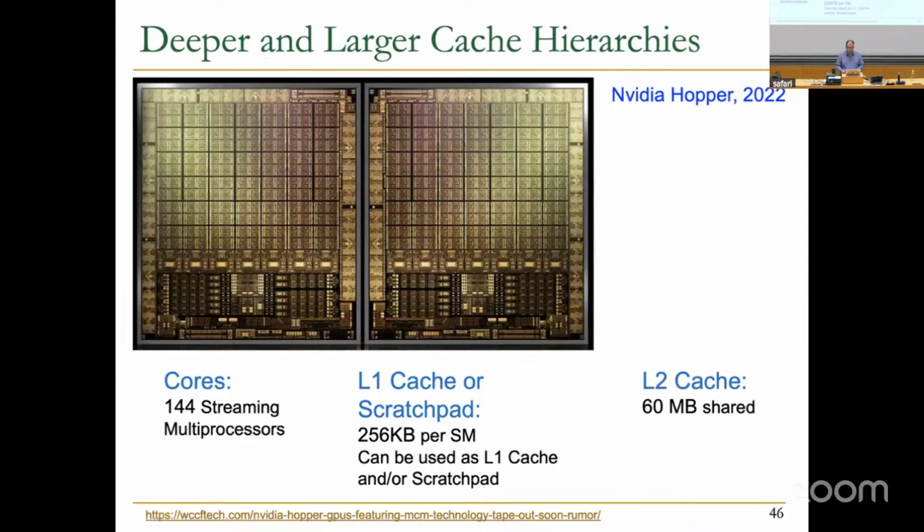This is also for NVIDIA Hopper, where you can see L1 cache or scratchpad is still there. NVIDIA has this unified structure for L1 cache and scratchpad memory, and the programmer can decide based on that. And the L2 cache is there.